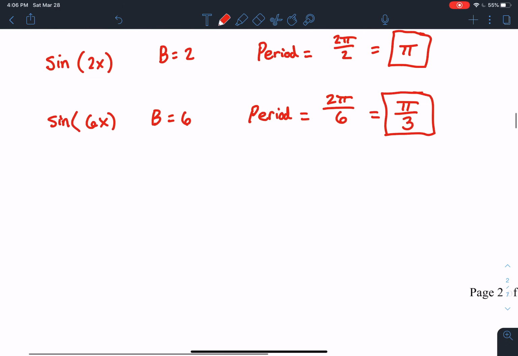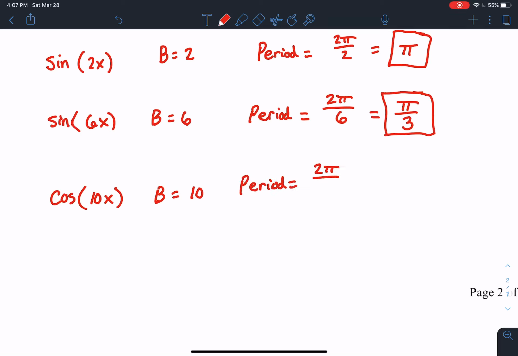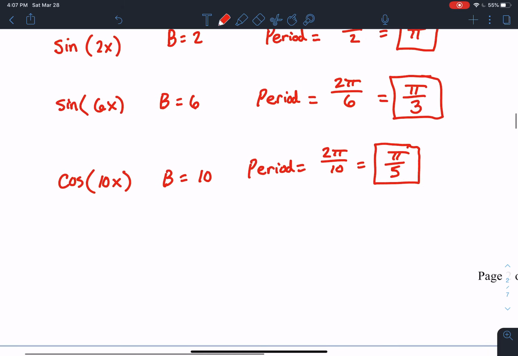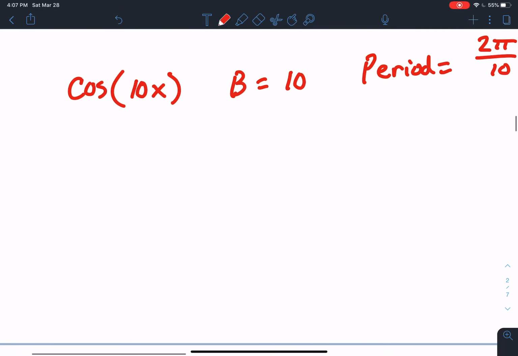Now it works the same way for cosine. So if I did cosine of, say, 10x, b in this case is going to be 10, and the period is going to be 2 pi over 10, or pi over 5. Now to put it all together, say we had 4 cosine of 8x.